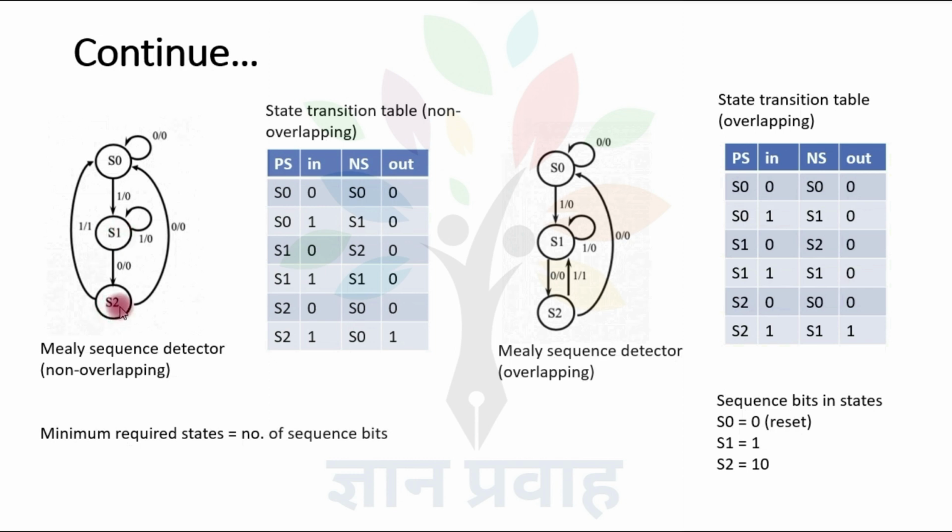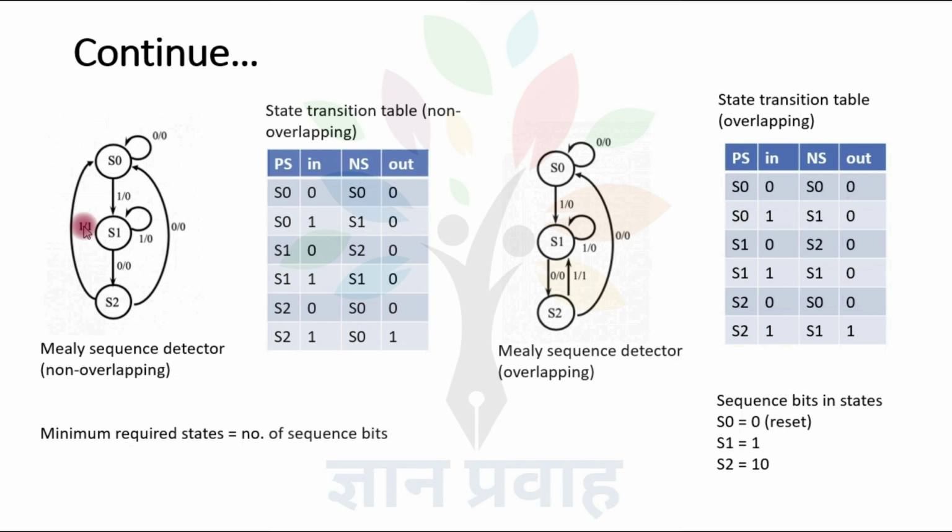At state S2, when the coming input bit is 0, then the order of the sequence will be 1 0 0. It is not in the order of our desired sequence. It means we will move to the reset state, or the next state will be S0, and here input 0, output will be 0. At state S2, when the input bit is logic 1, then the order of the bits is 1 0 1.